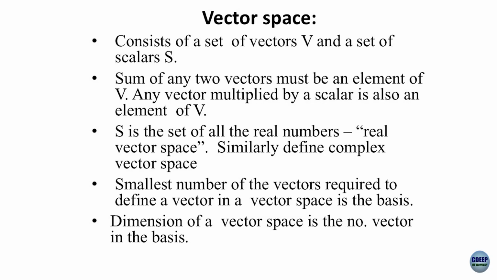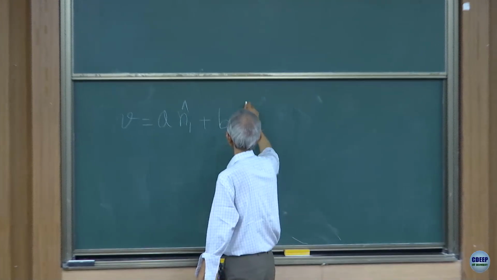So we said that the vector which is there, we can usually decompose it into its components. Okay, that's the way we write a vector. So the vector v is going to be a times some kind of a unit vector.